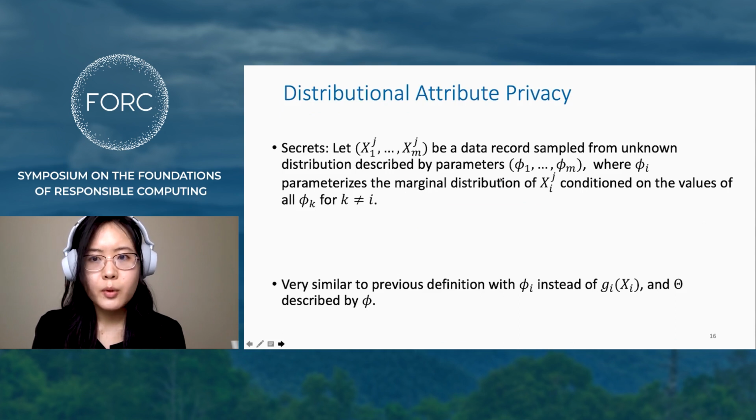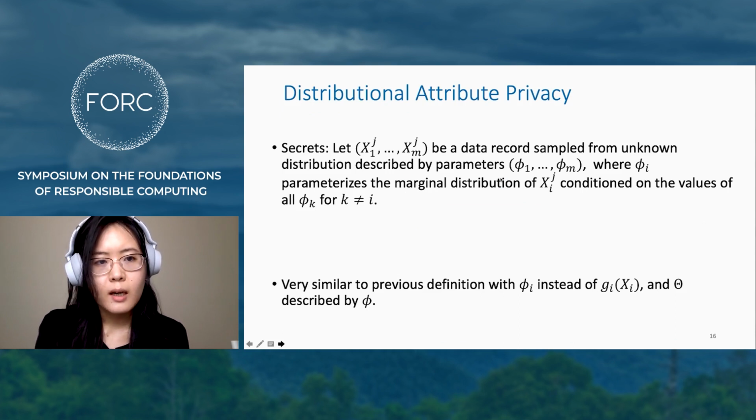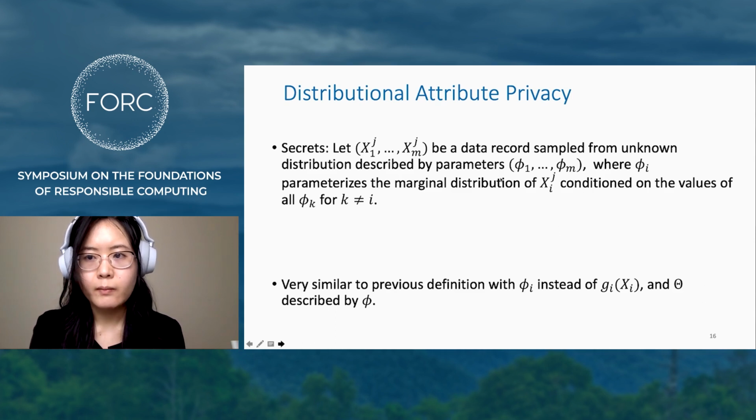The distributional attribute privacy is a bit tricky. Let Xij be the data record sampled from an unknown distribution described by a vector parameter phi. The main idea is we define the secrets to be the attribute-specific random variable phi i, the marginal distribution of Xij conditioned on the value of all other phi k fixed.